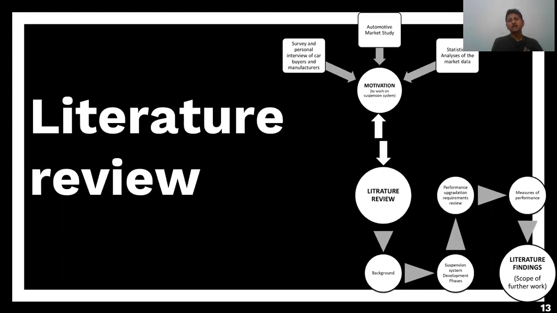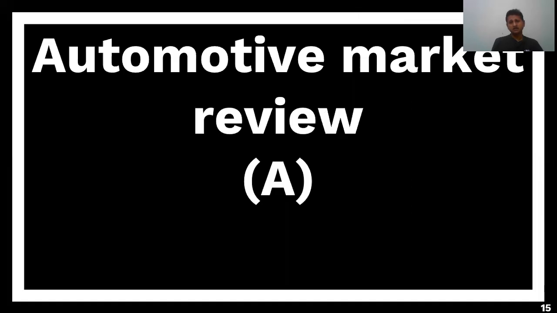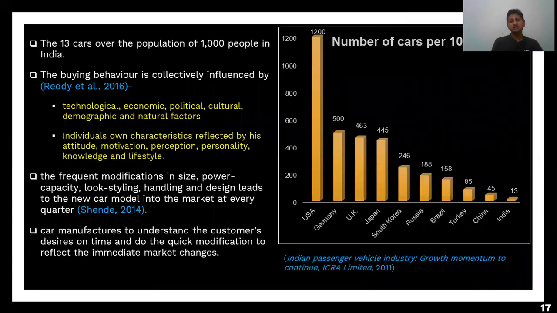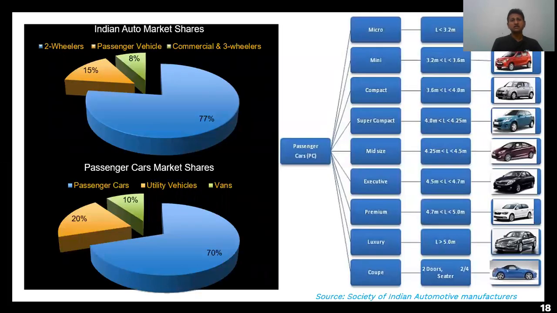In the broad study, we find why the suspension system is so important for a vehicle, and in the focus study, we find the parameters which can improve suspension system performance. This is a very huge literature survey, so I don't think I should discuss it in detail.